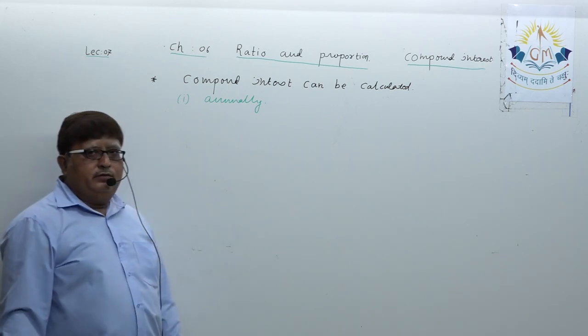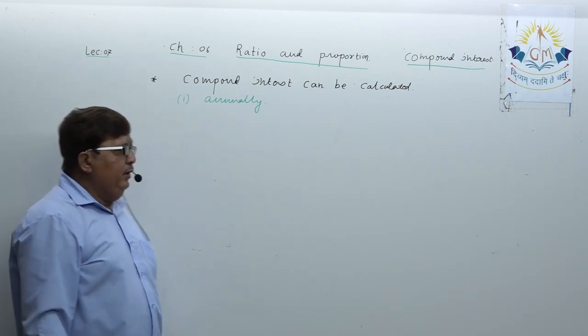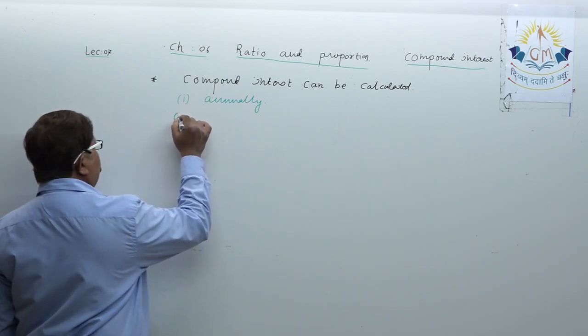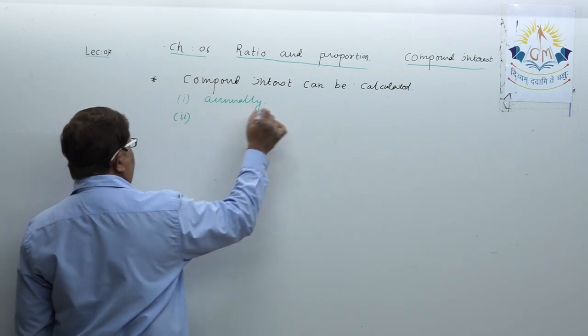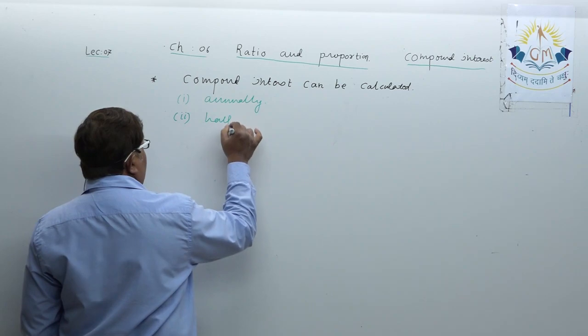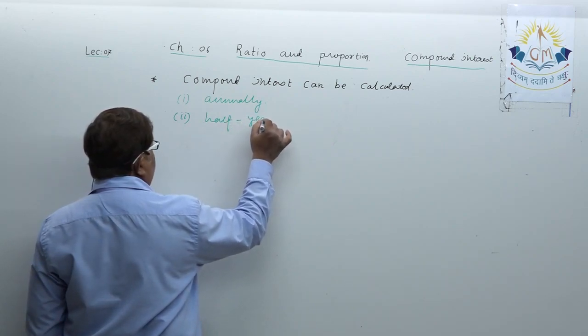Compound interest can be calculated annually. It can also be calculated half yearly.